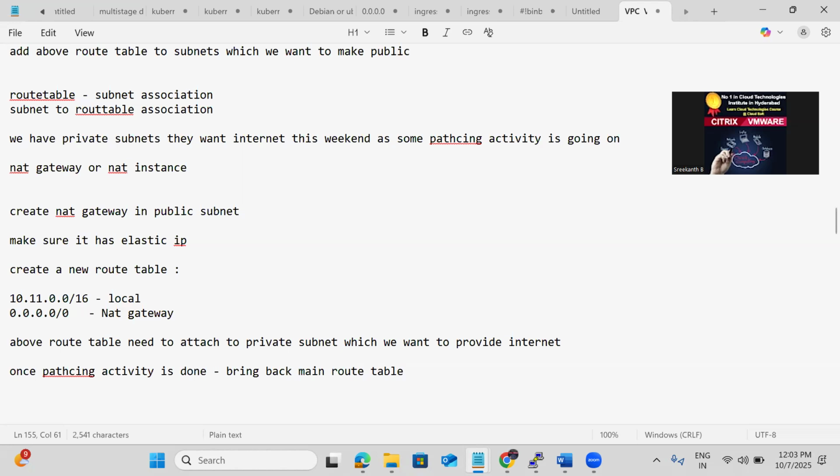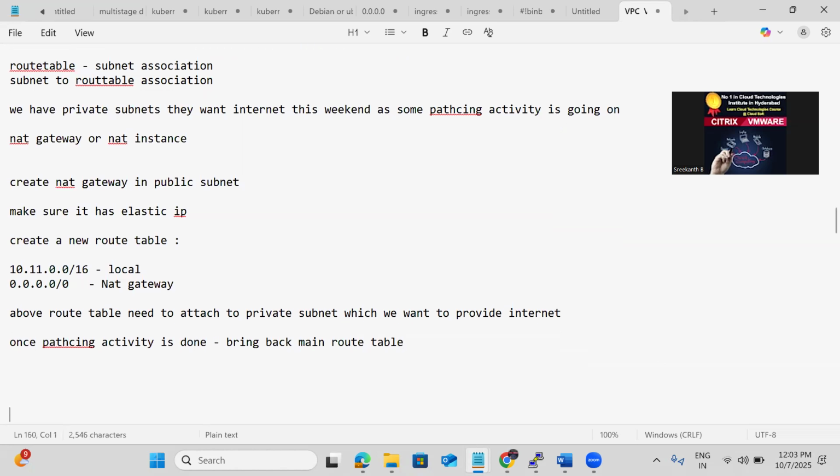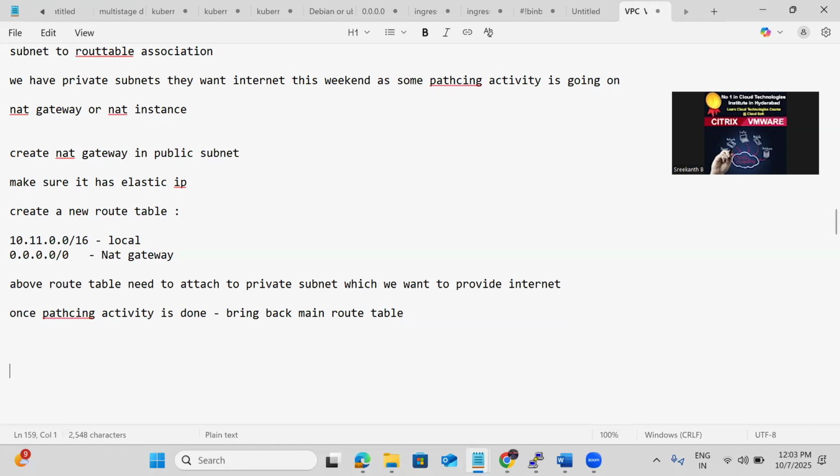That means the main route table will have only one rule, that is private only. That rule is 10.11.0.0/16, which has local only. Bring it back to this. Otherwise, what is going to happen? It will be risky.